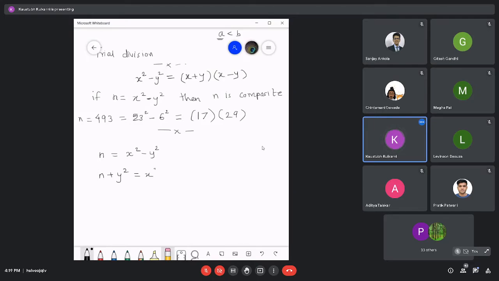That is, you add a square to n, and if the result is a square, then n is composite. Okay, did you get this point?